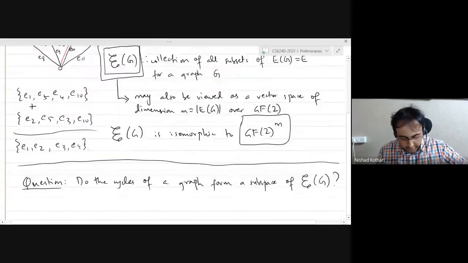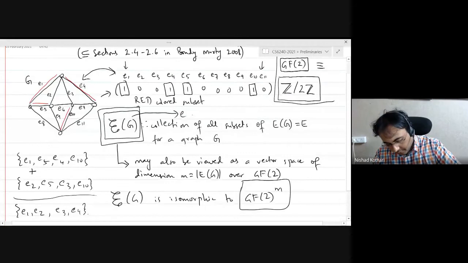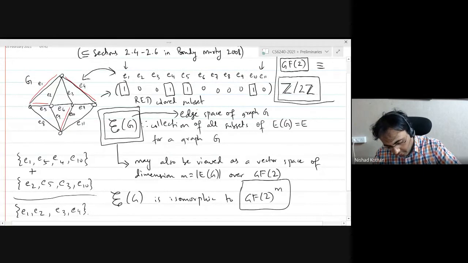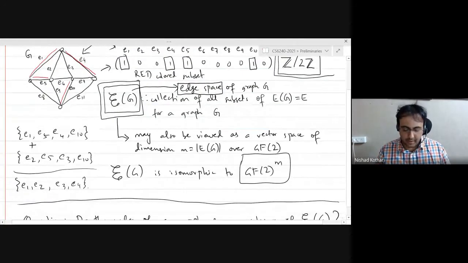So I should mention that this is called the edge space of the graph. Okay. And we want to look at subspaces of the edge space that are naturally suggested by the graph structure.